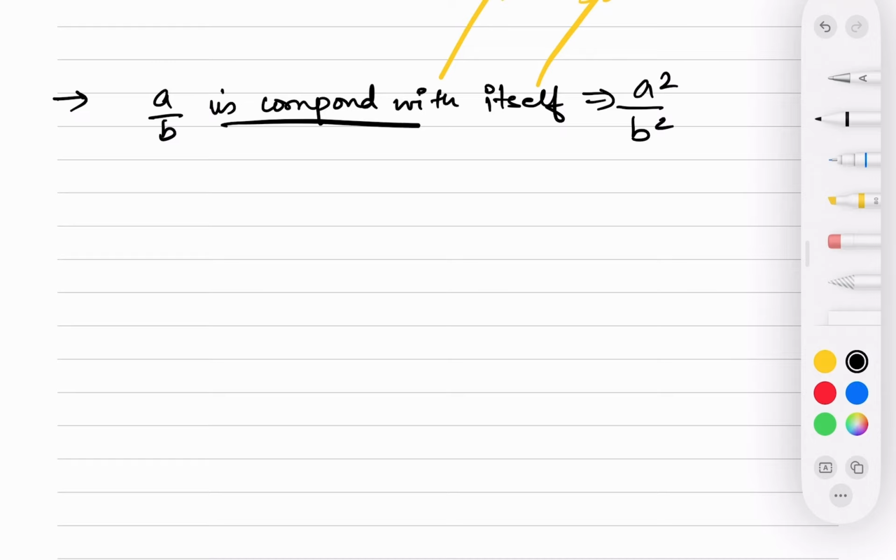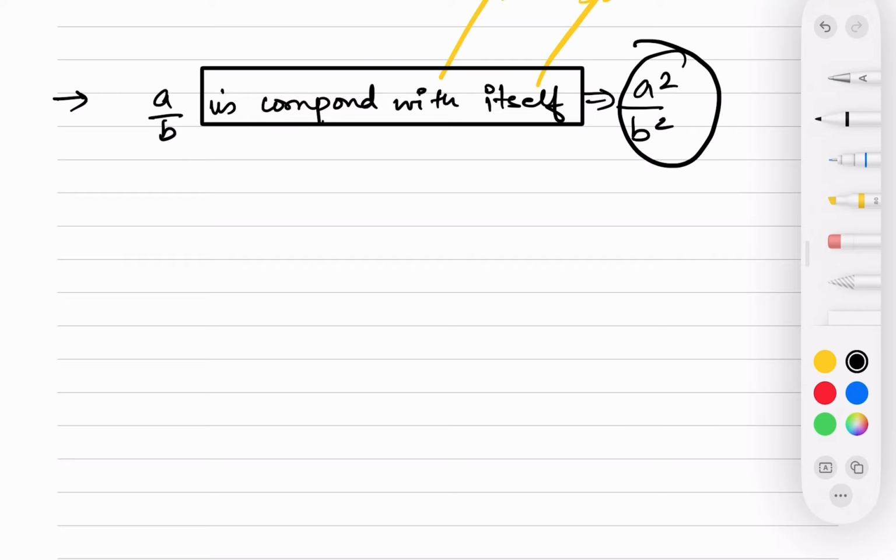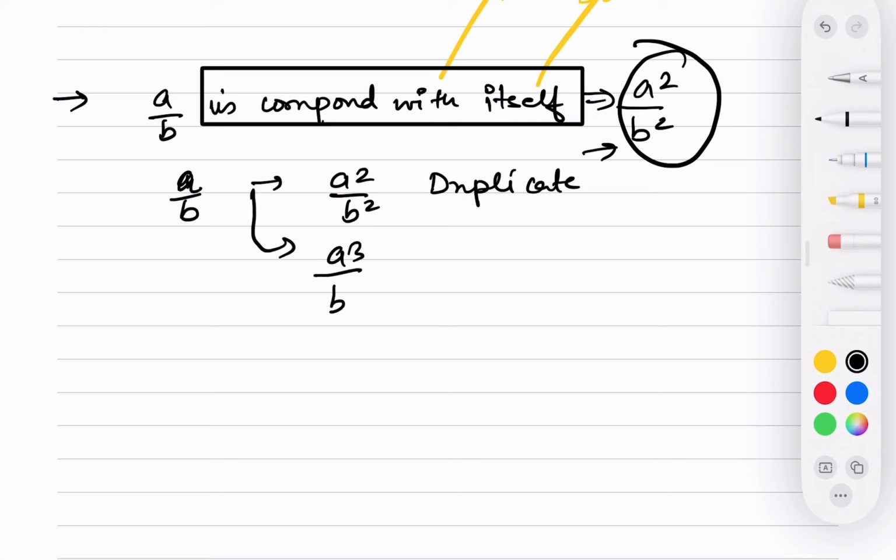So remember this, compounded with itself means gets multiplied by the same ratio, it becomes A square by B square. Also remember, if you have A by B and you get A square by B square, this is called duplicate. If you are getting A cube by B cube, it is triplicate.